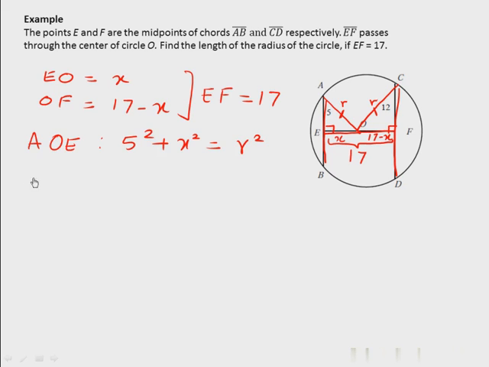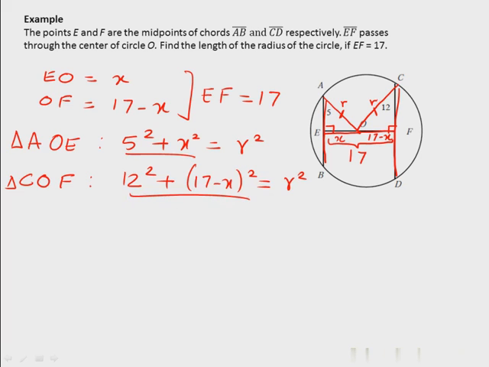In triangle COF, I get 12 square plus 17 minus x square is equal to the radius square. The radius is the hypotenuse in both cases. So since the left hand sides are both equal to radius square, I can equal them. So I get 5 square plus x square is equal to 12 square plus 17 minus x square.